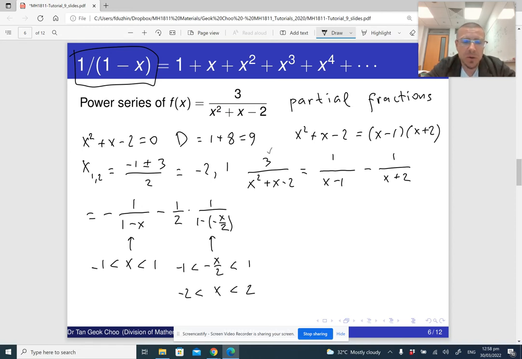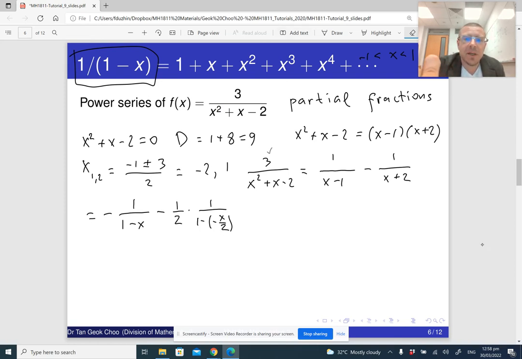Now the smaller of the two intervals is the first one. So if x is between negative 1 and 1, then the first term is well defined, and the second term is also well defined since 1 is less than 2. So the answer is going to work for x between negative 1 and 1. So at least that much is clear, and I don't have to take care of the domain anymore.